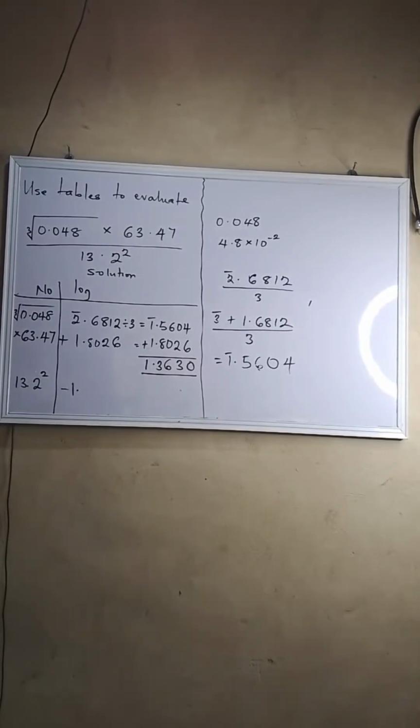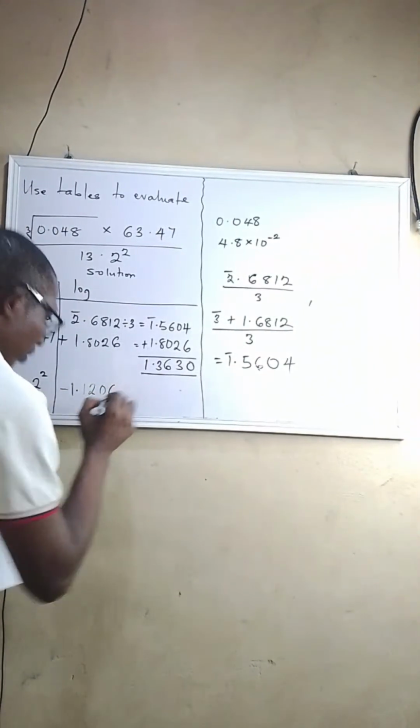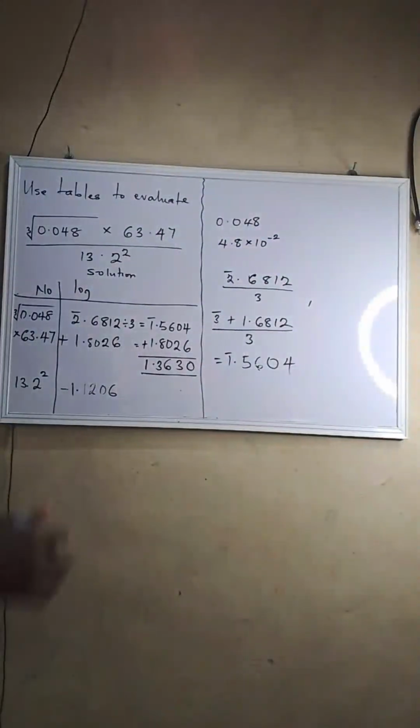I'm checking my own too. Okay, if you check correctly, we are supposed to have 1206. So that is log of 13.2.